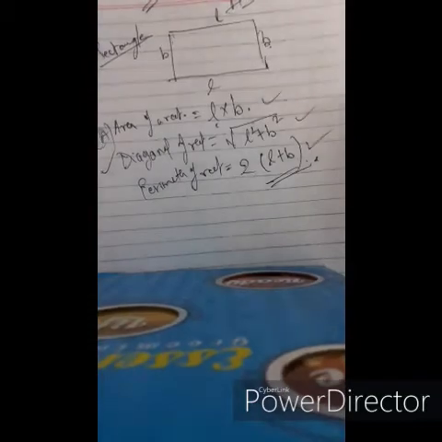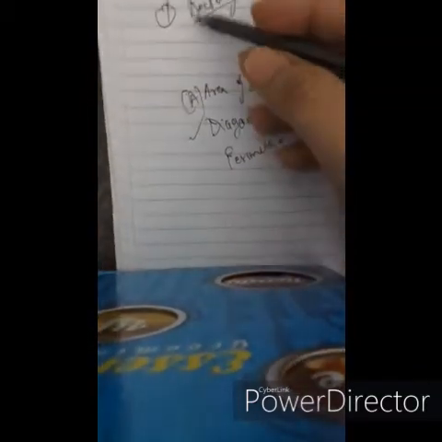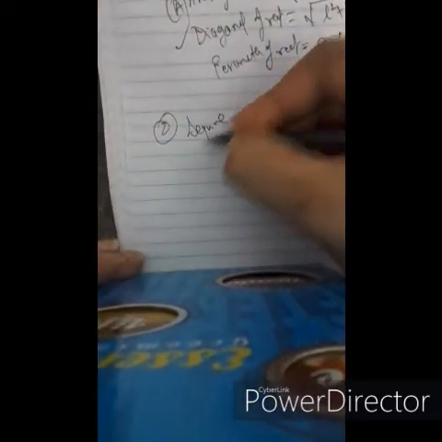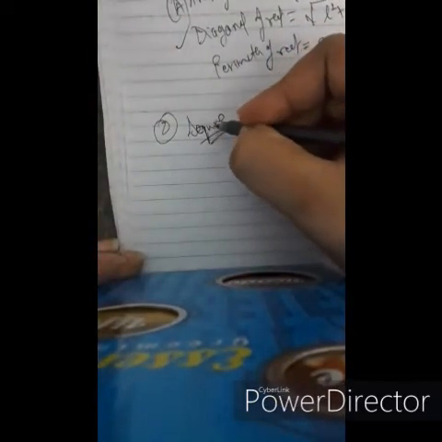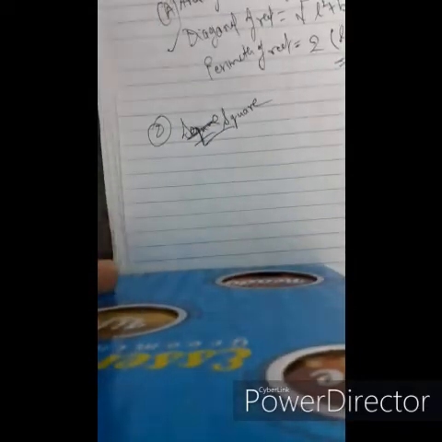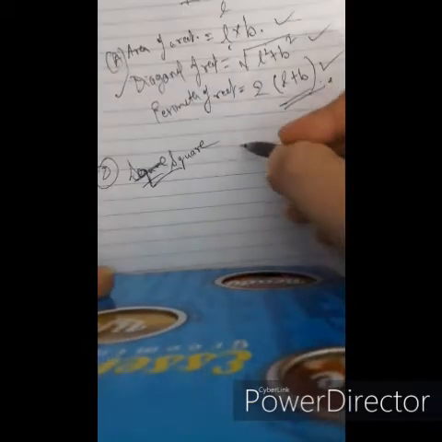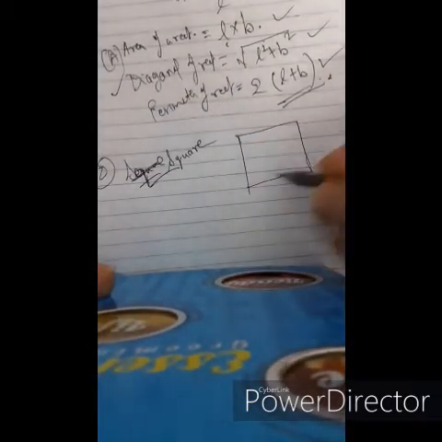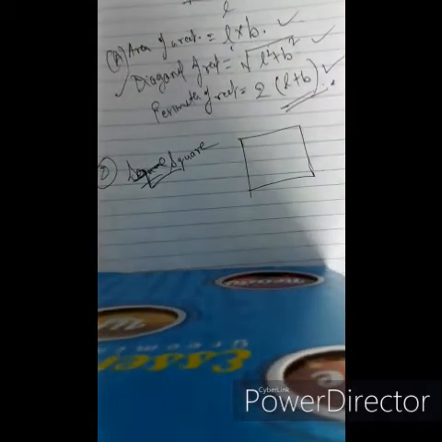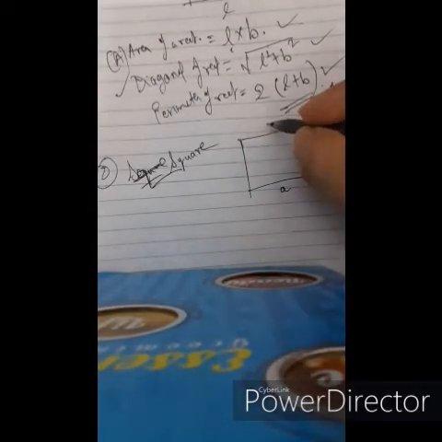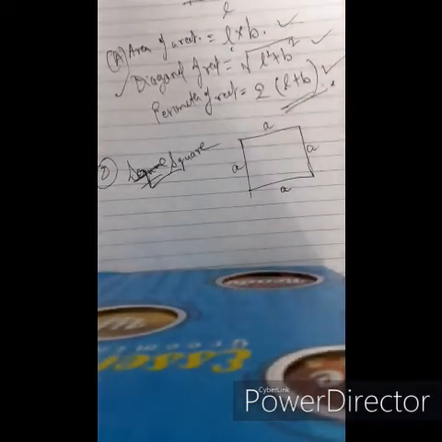Alright, so coming to squares. First we saw rectangle, second we will take square. Square is the quadrilateral with all sides equal. So all sides let us take as A. This is the square.